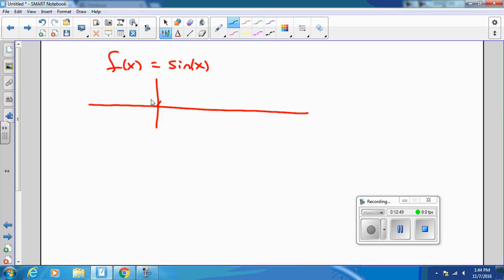And what sorts of numbers can I put on? Can you use multiples of pi? Yeah, sure. Zero, pi over 2, pi. Okay, where are the zeros? At 0, pi, and 2 pi.